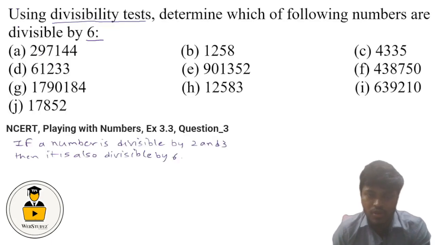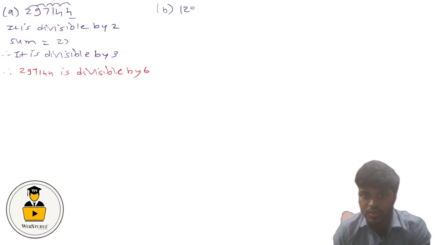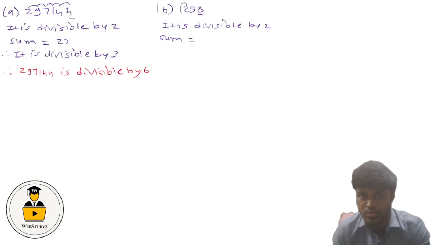We have 1258. Since the last digit is 8, we can say that it is divisible by 2. And if we find the sum, 1 plus 2 is 3, 3 plus 5 is 8, and 8 plus 8 is 16. But 16 is not divisible by 3. So we can say that it is not divisible by 3.